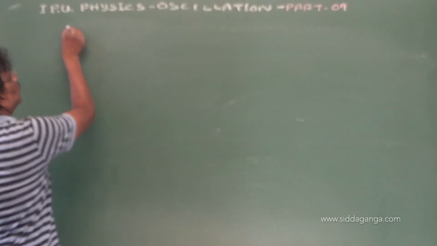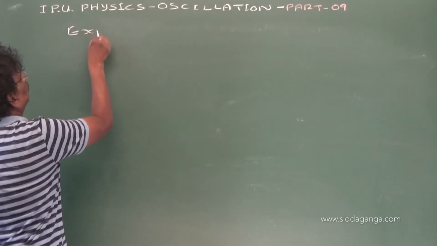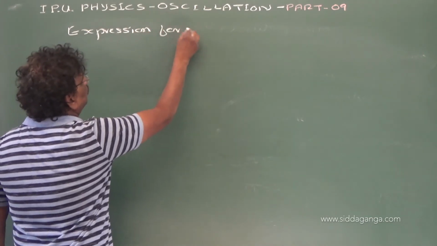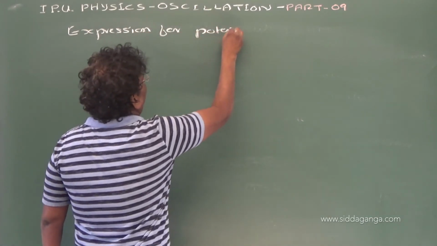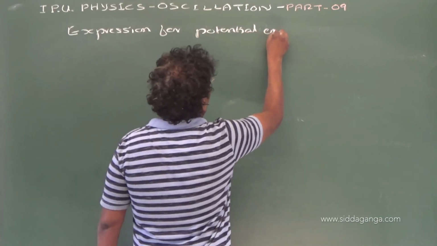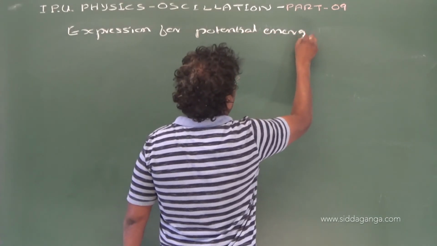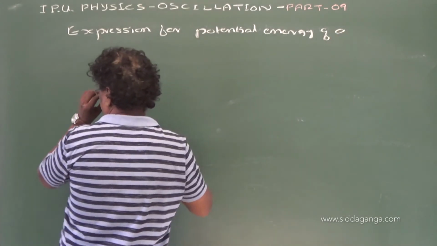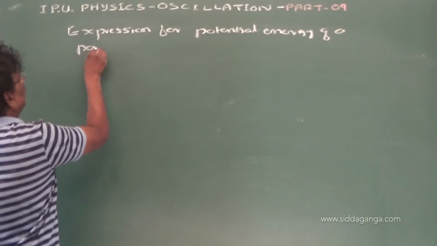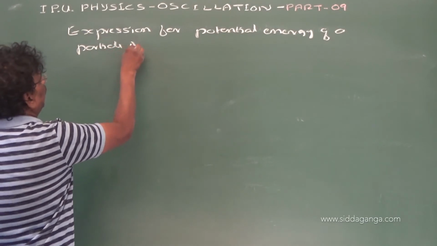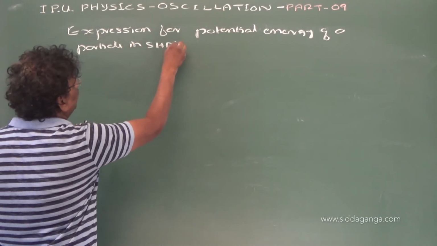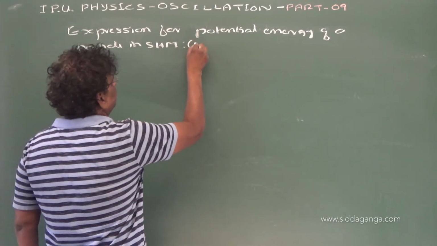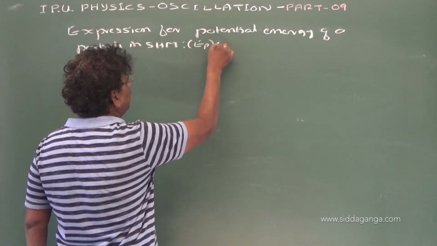Now, expression for potential energy of a particle in simple harmonic motion, that is, we take it as EP.